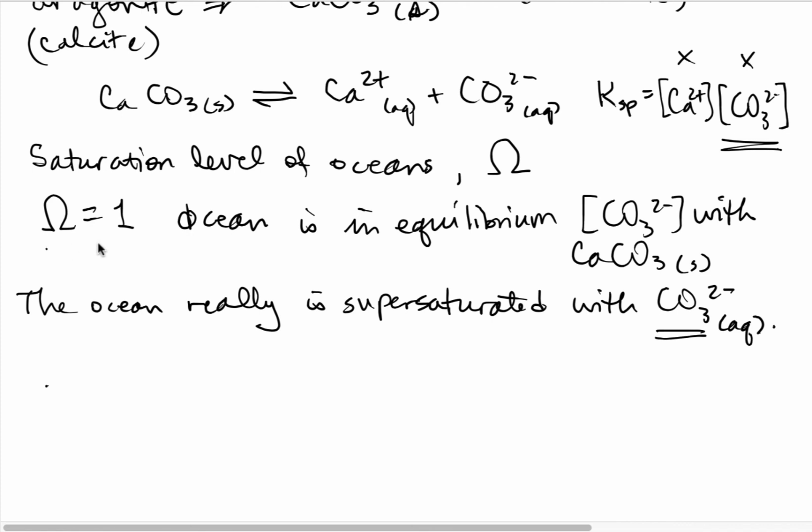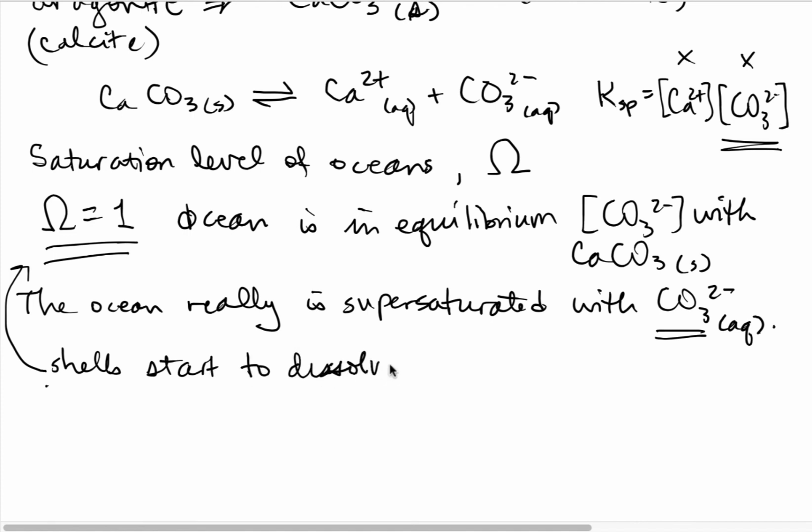When you get down here to a saturation level of 1, then this is actually where shells start to dissolve. They're very much on the edge of what is going to stay in solution. So we really like the ocean to be more like oversaturated by a power of 3 in order for us to have healthy shell formation.